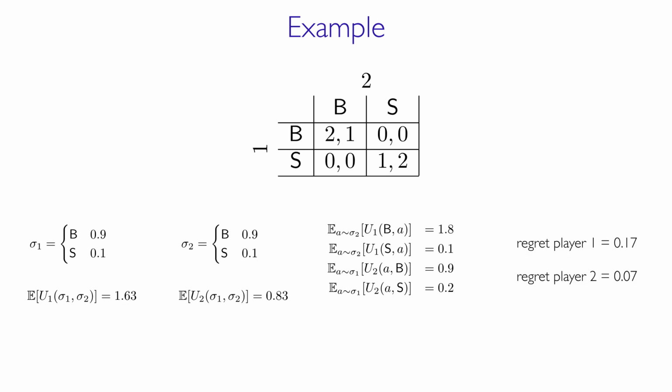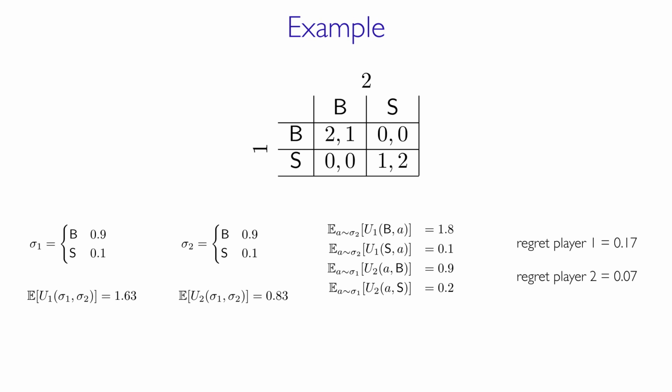Here the regret. The regret of player 1 is given as the difference between her best response, giving a value of 1.8, that is action B, and the expected utility of the current strategy, that is 1.63. So the regret is 0.17.